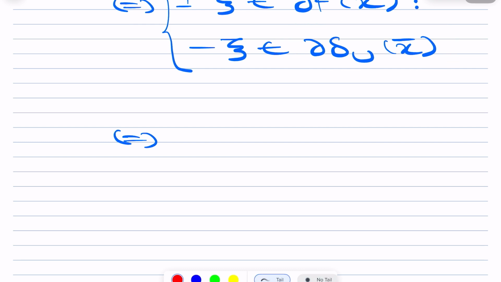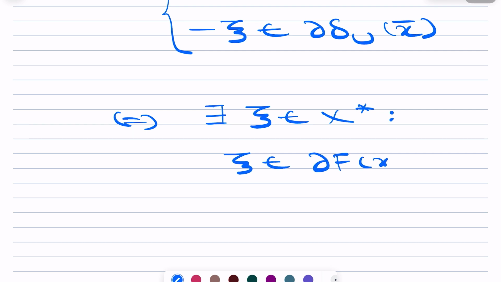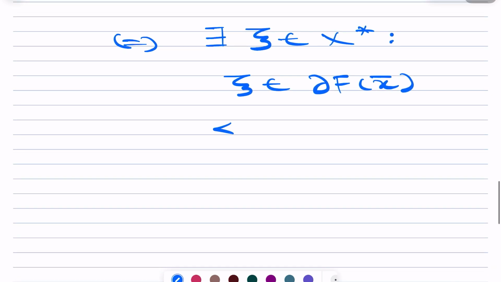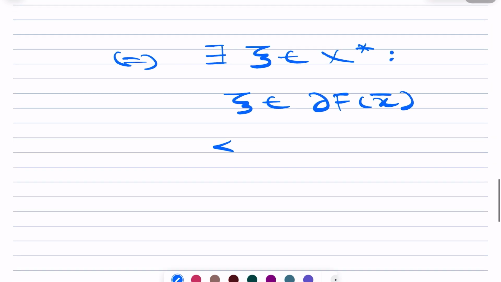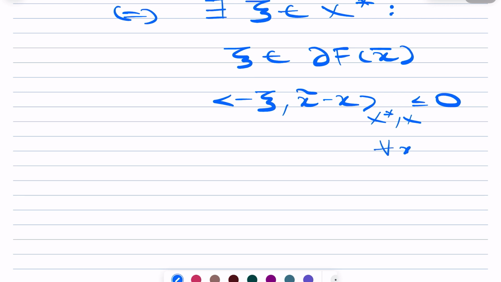By the characterization of the convex subdifferential of the indicator function, there exists xi in x star such that xi is in the convex subdifferential of f at x bar, and the duality pairing of minus xi with x tilde minus x is less than or equal to 0 for every x tilde in u.